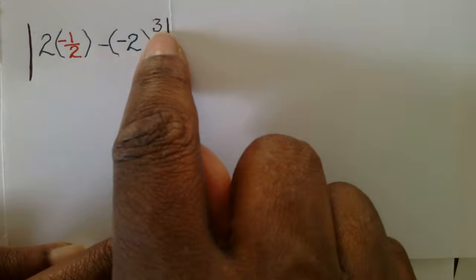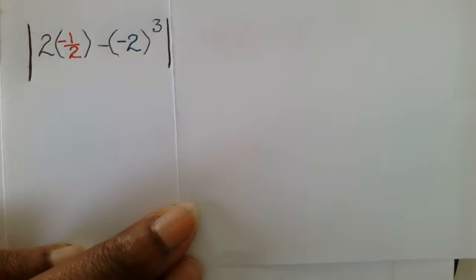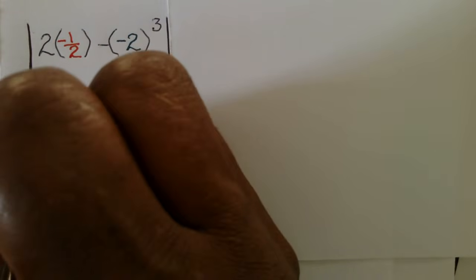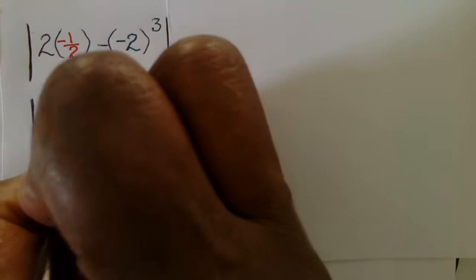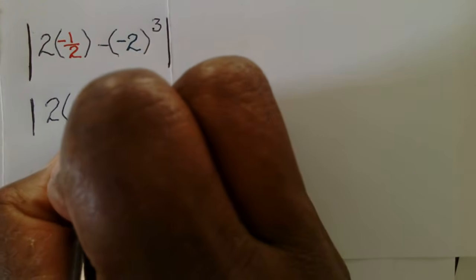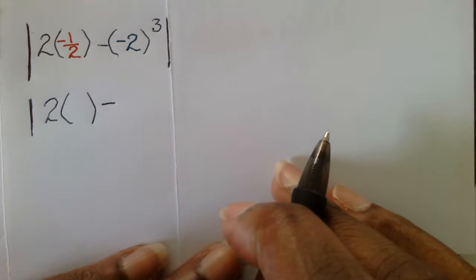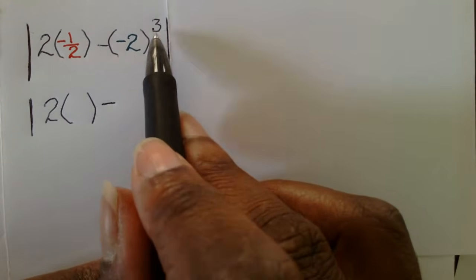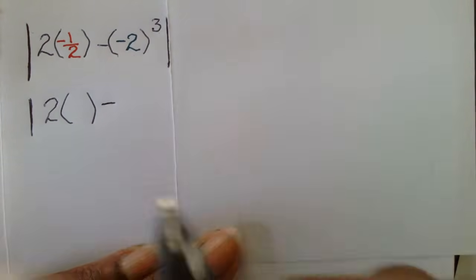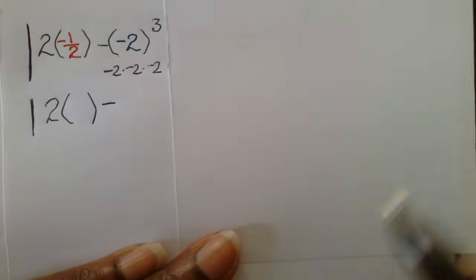Work with the exponents first. So that means we have the absolute value of 2 times that negative 1/2 minus, and this is what gets a lot of people, negative 2 cubed. That means negative 2 times negative 2 times negative 2.